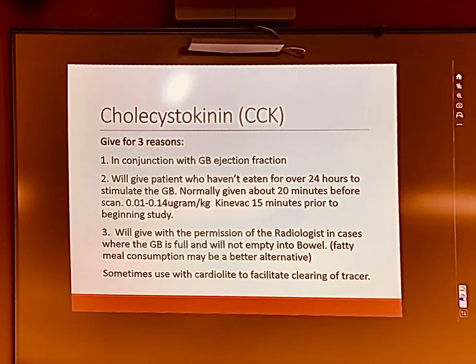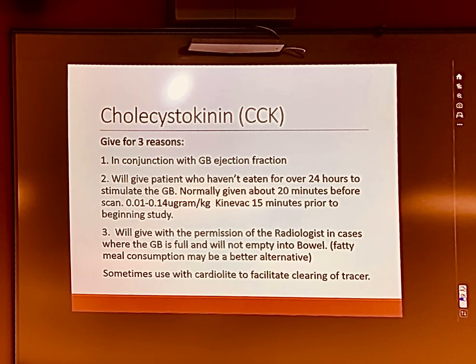You're not going to cause any harm to the patient. So it will be a long process of that CCK, that hormone released by the body itself, that we're not forcing to happen. So that's why it says that the fatty meal consumption is a better alternative in that aspect.